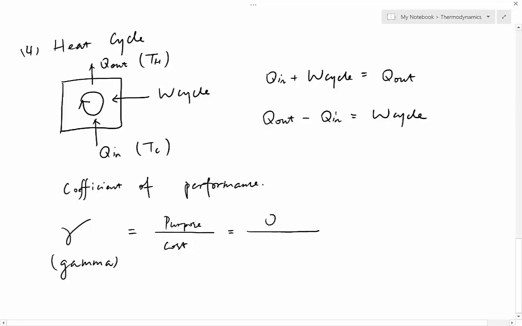That is Q out. You release this much heat into the warm house. So this is the purpose of a heat cycle. And then what is the cost? The cost is electricity. You pay electricity. So that's W cycle. And then we can rewrite W cycle from our energy balance equation just like before. It's going to be Q out minus Q in.